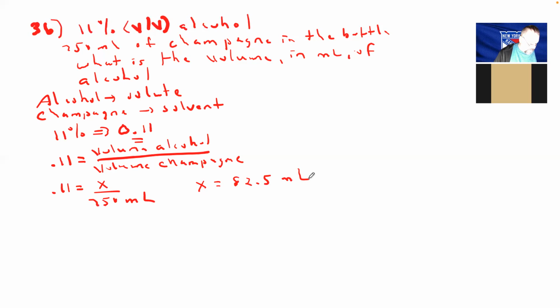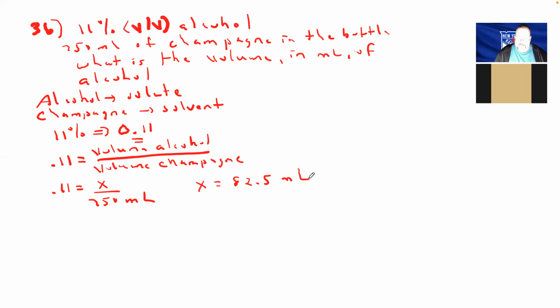In terms of mass by volume percent, it's pretty straightforward. Number of grams divided by the volume, in milliliters or liters. Usually I think it's grams per milliliter for the most part for that type.